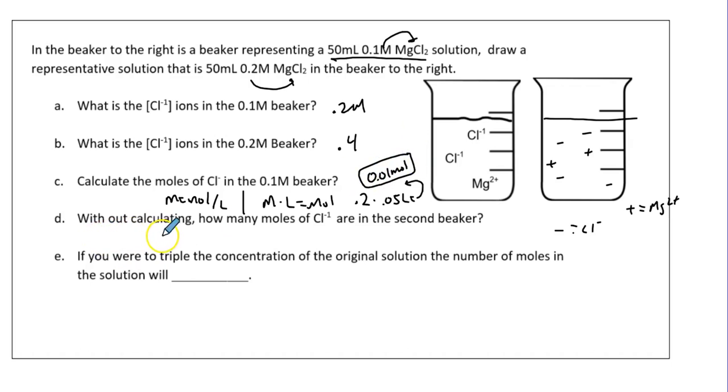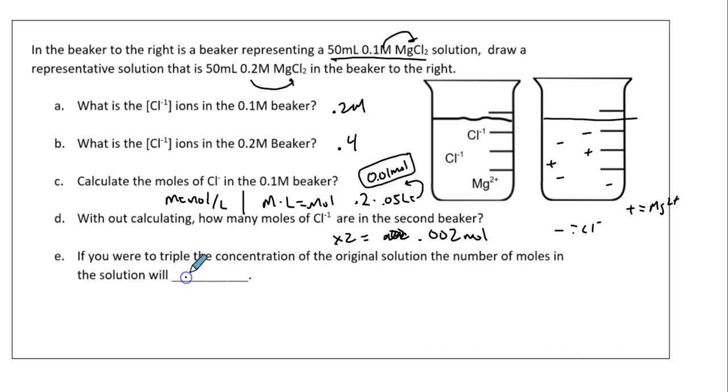Without calculating, how many moles of chloride ions are in the second beaker? We know it's twice the concentration, so it should just be times 2, which is 0.02 moles. If you triple the concentration of your original solution, how many moles would there be?